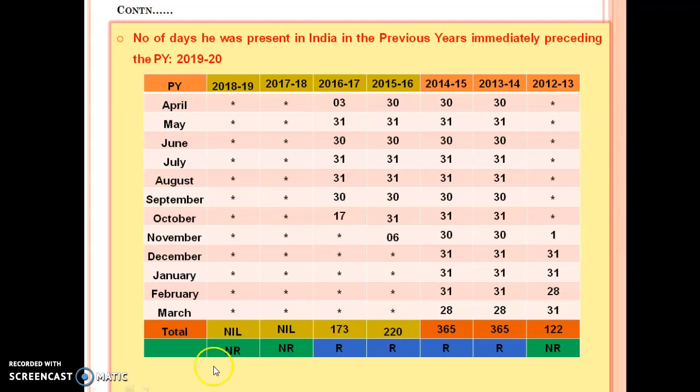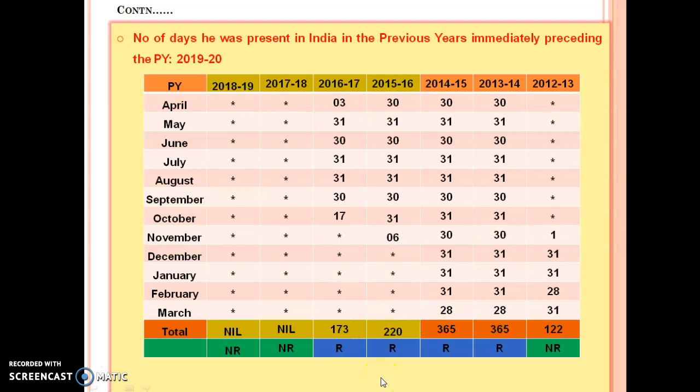So, we can see that in the last 7 years, as he came first time in 2012-13, we can calculate the number of days, or he was present for only 7 years. So you can see that he was a resident of India for 4 times and he was in India for more than 730 days.